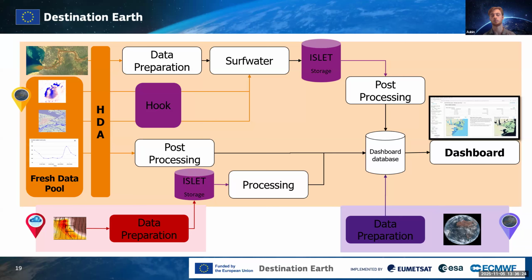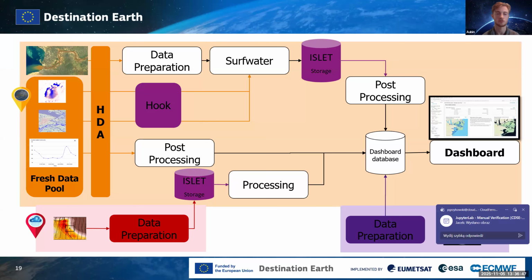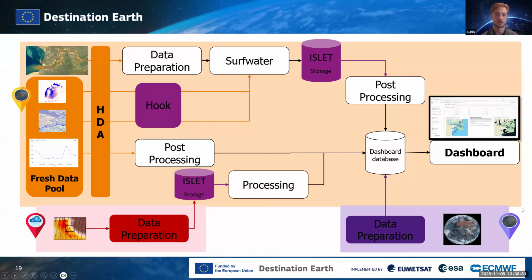Then we had the Islet storage, which is another service offered by the DestinE data lake that you can use to store your data between different stages of your processing. After that, another additional post-processing algorithm. We also leveraged the Hook service, which is also a DestinE data lake service available to users on the platform.